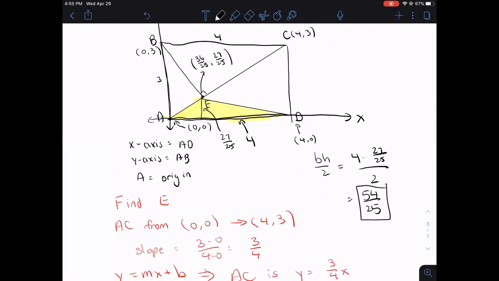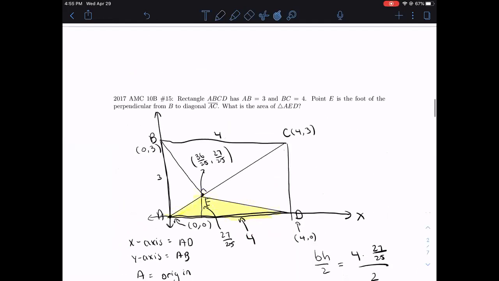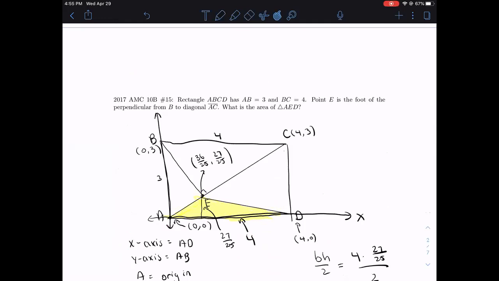And this was an AMC 10, number 15. And I think I coordinate bashed this question during the actual test, which was probably not very smart. The other solution is using similar triangles, like Eric said in the chat.